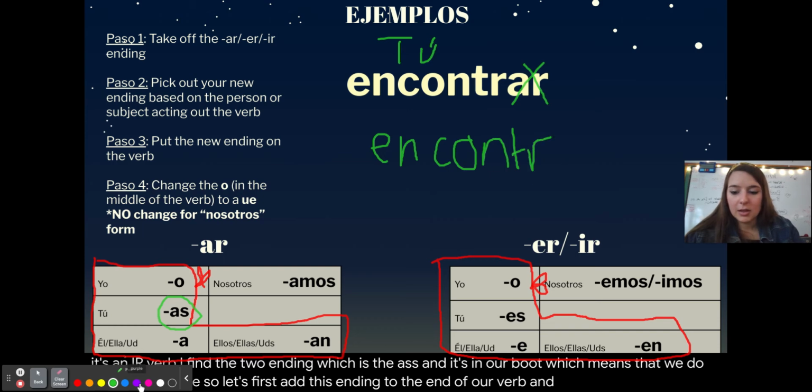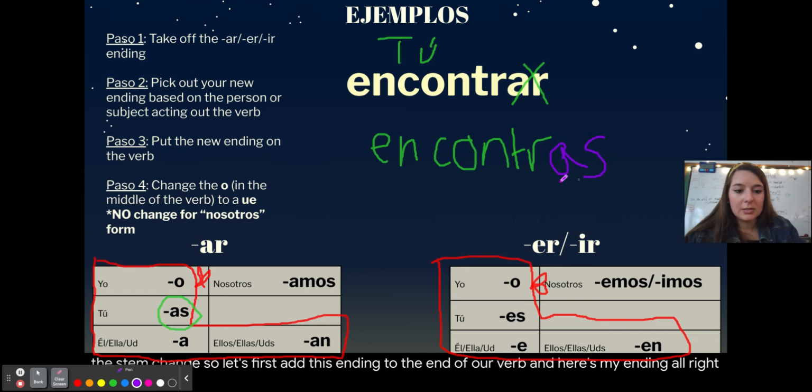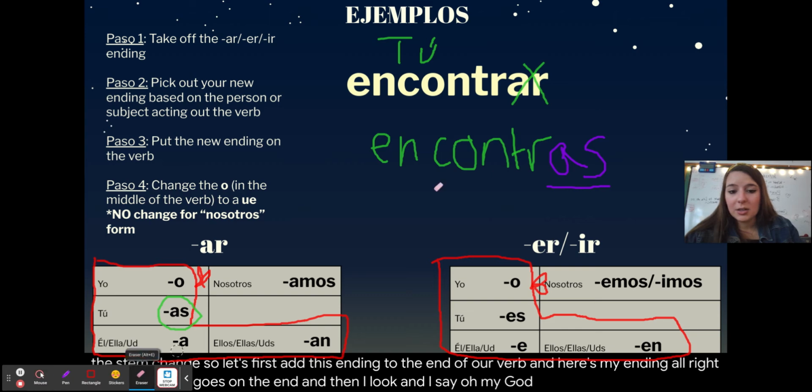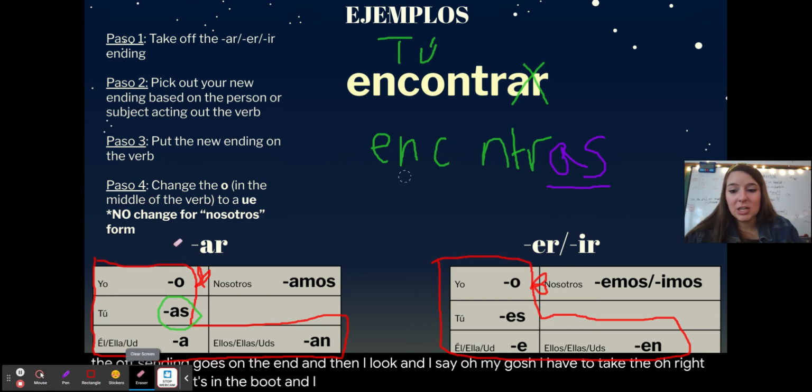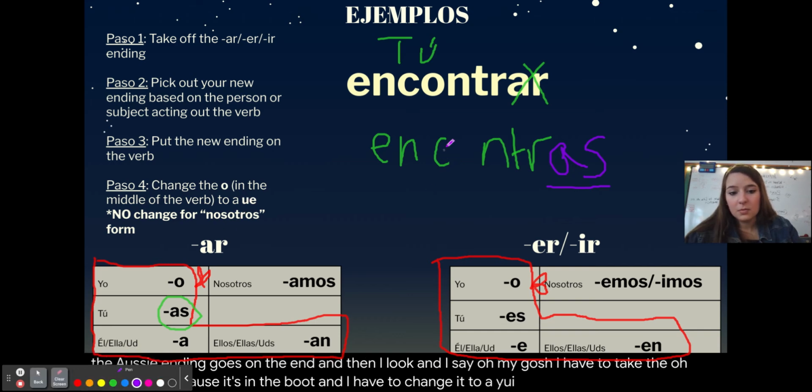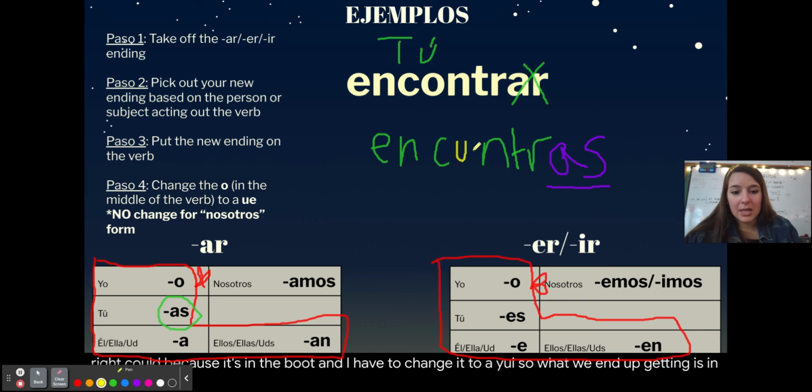And here's my ending, right? The as ending goes on the end. And then I look and I say, oh my gosh, I have to take the O, right? Because it's in the boot and I have to change it to a UE. So what we end up getting is encuentras, or you find, tú encuentras.